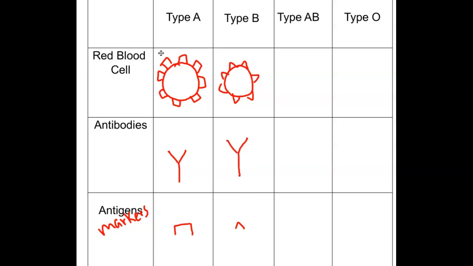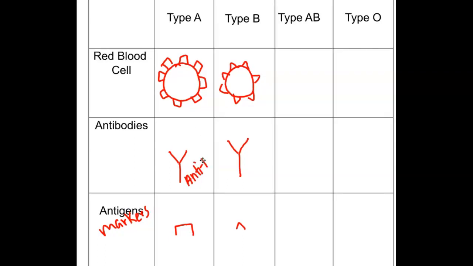If you have type A blood, it wouldn't make sense to have an antibody that matches type A blood, because then we would constantly be fighting against our own blood type. So instead, we have antibodies in type A blood that match with type B. It's called anti-B antibodies, which would have little triangle pieces on them that would match with type B blood instead of type A.